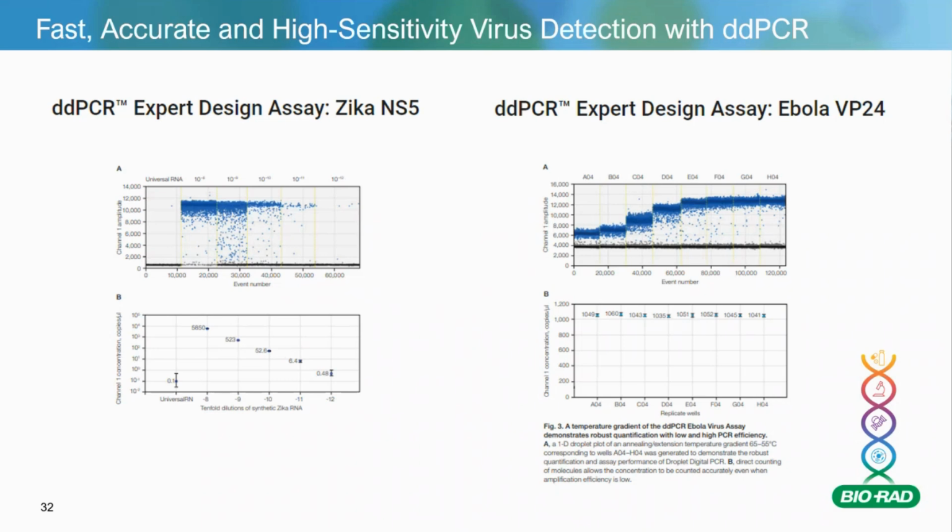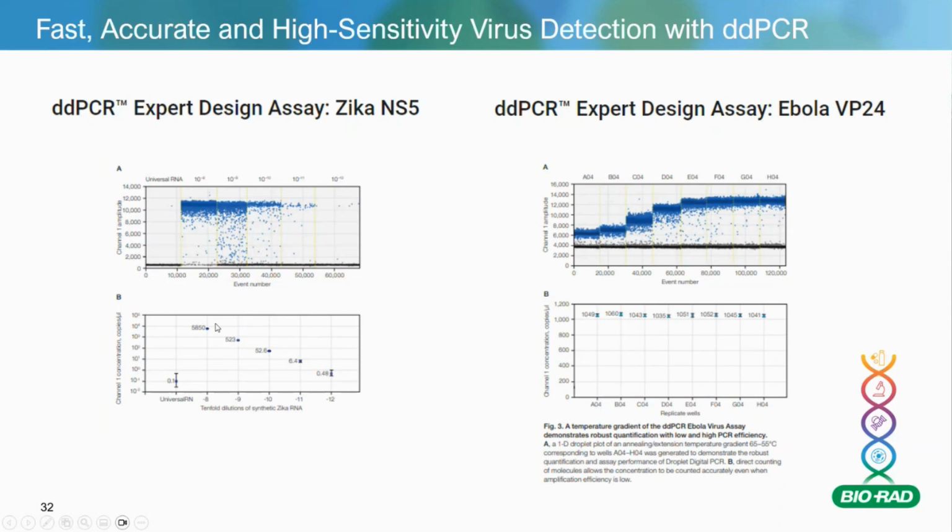So they did a test to see the assays that we run with ddPCR, and these are assays that we offer ourselves, and you can see they offered quite high levels of sensitivity. Even when they did a 10-fold dilution of synthetic Zika RNA, you can see how it detects at 5,580 copies per microliter, and in 10 it's 523, and 52.6, and 6.4, and 0.48.